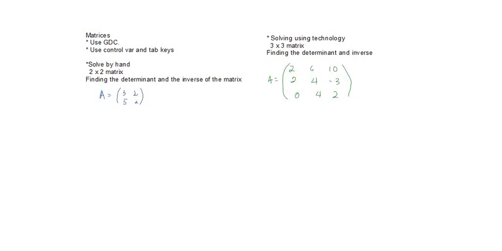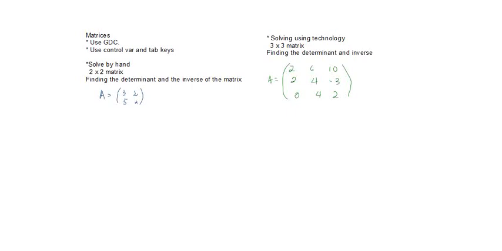So, okay, let's try to solve this matrix. We are going to find the determinant and the inverse of this matrix A, which has the elements 3, 2, 5, 2. There is an instruction that you have to solve this by hand.